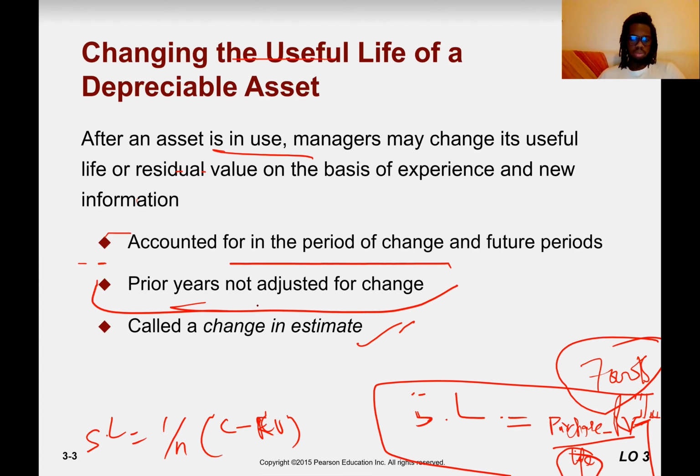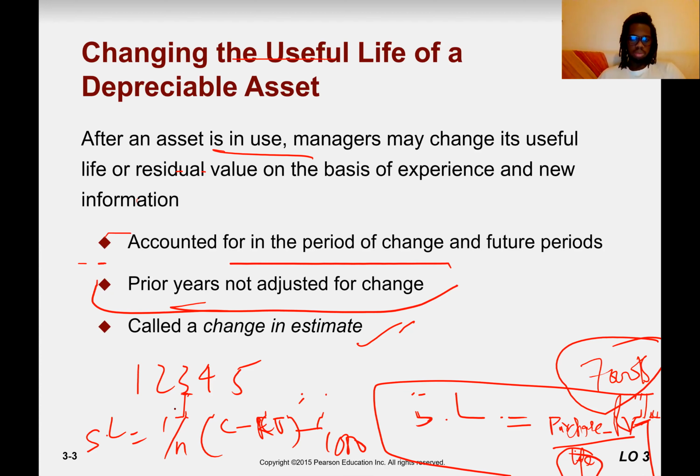So 1, 2, 3, 4, 5. We purchased a car and thought we are going to sell the car after 5 years at a salvage or residual value of 1,000, and we are going to replace it. But what happens at year 3?